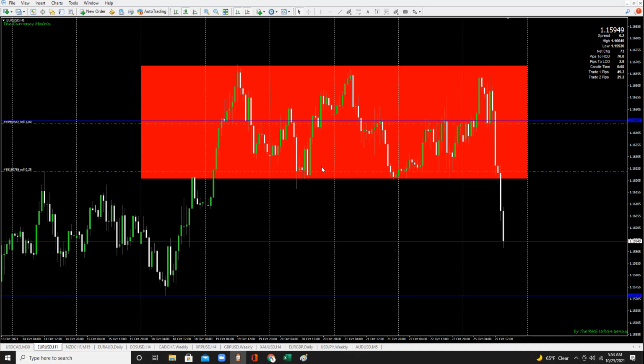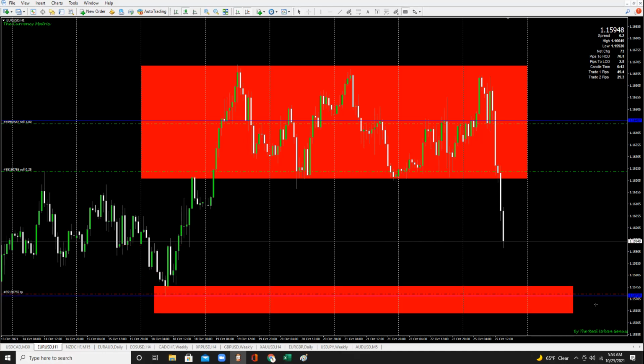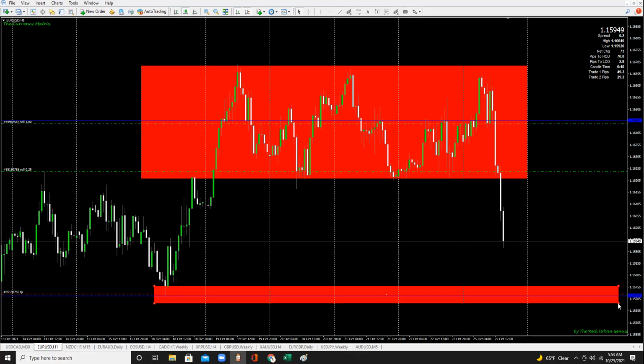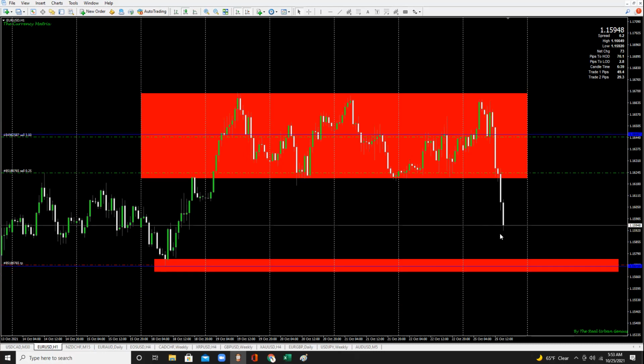So ultimately that would be a target. And we'll continue to this area until we get a 1-hour bullish close. The trend is still down. The only thing that will turn this trend around is a bullish confirmation candle.